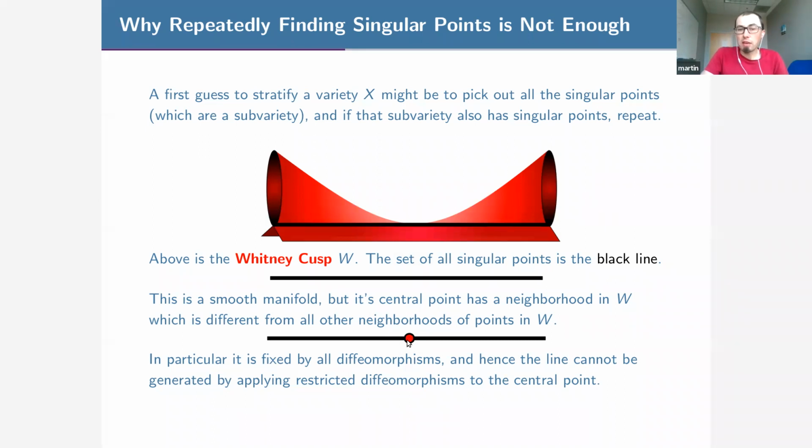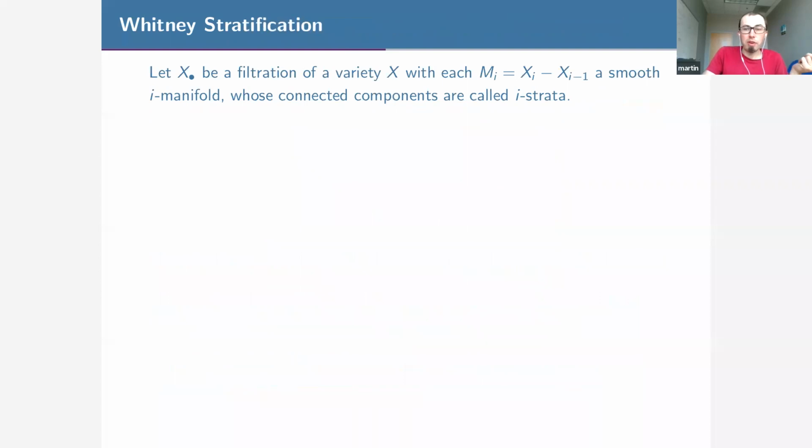So that means that if you include that red point in the black line, you don't have a transitive action of the diffeomorphism group. So it's breaking the property that we were hoping to have. Okay, so now let's define the condition that we actually want to have, the Whitney condition, which will let us in particular have this nice filtered diffeomorphism transitivity that we would like.